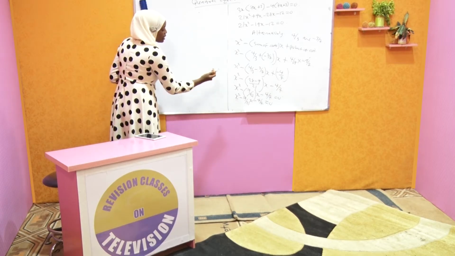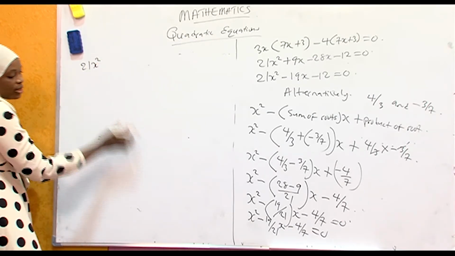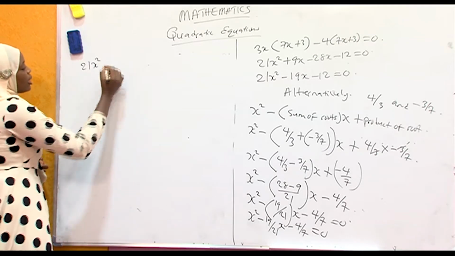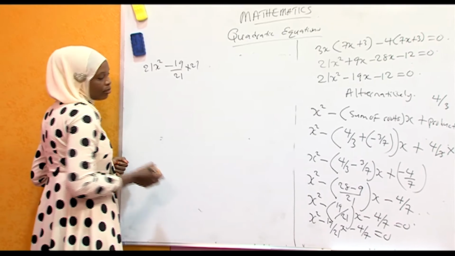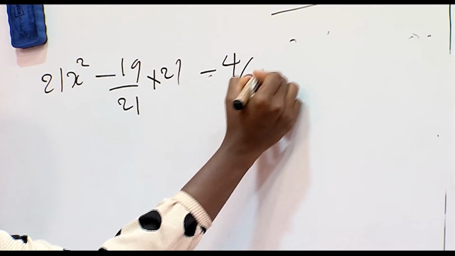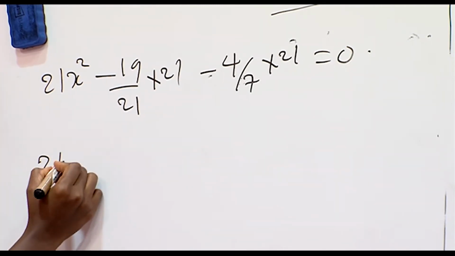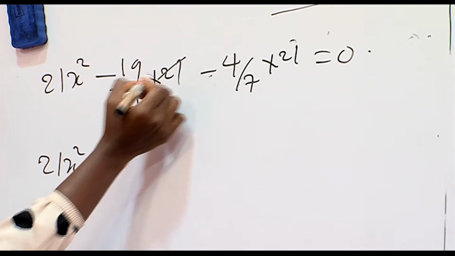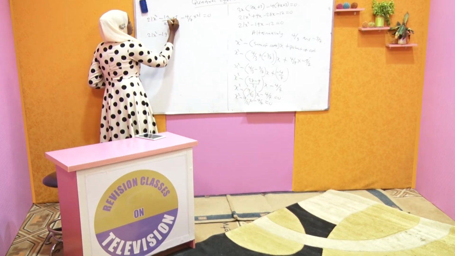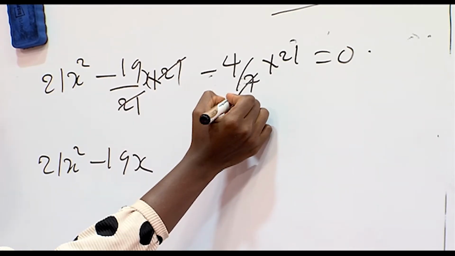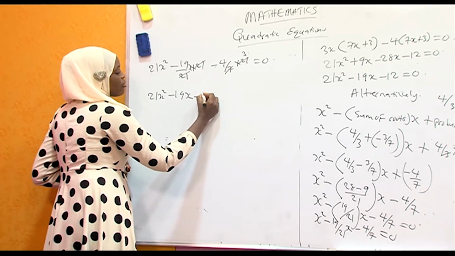Multiplying each term by the LCM, I have 21x squared minus 19 over 21 times 21, minus 4 over 7 times 21, all equals 0. So 21x squared, we cancel 21 to have minus 19x, then 7 in 21 gives 3, 4 times 3 gives 12, so minus 12.